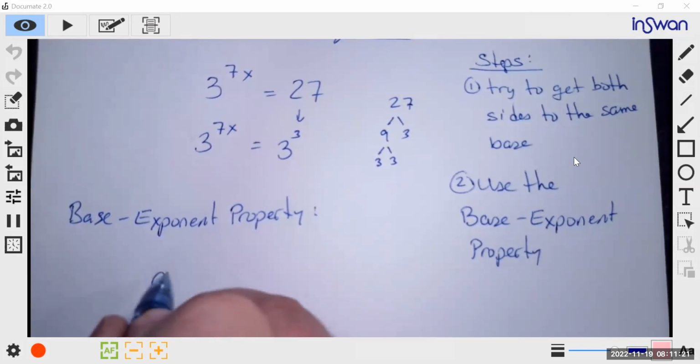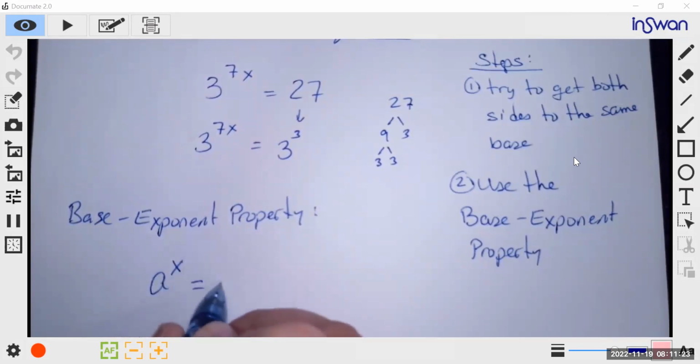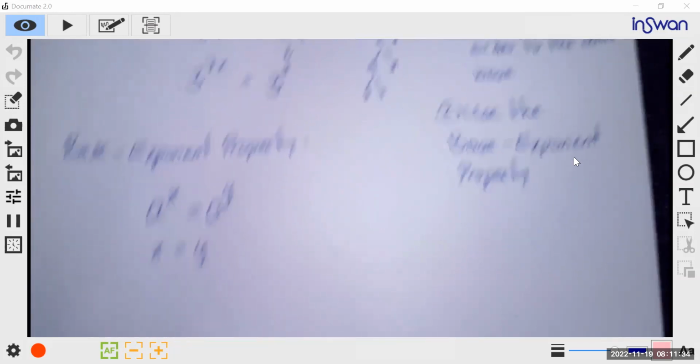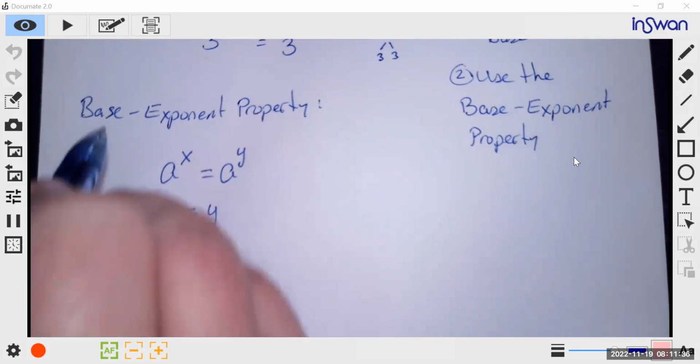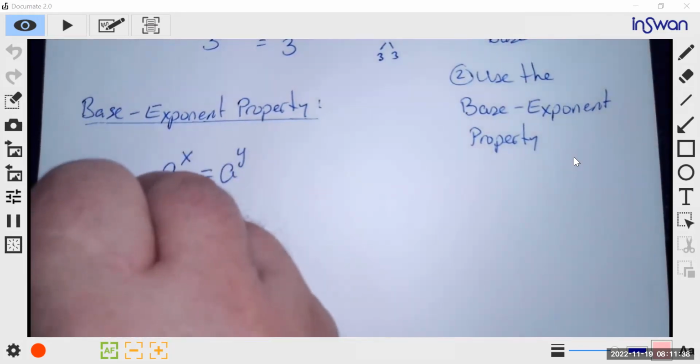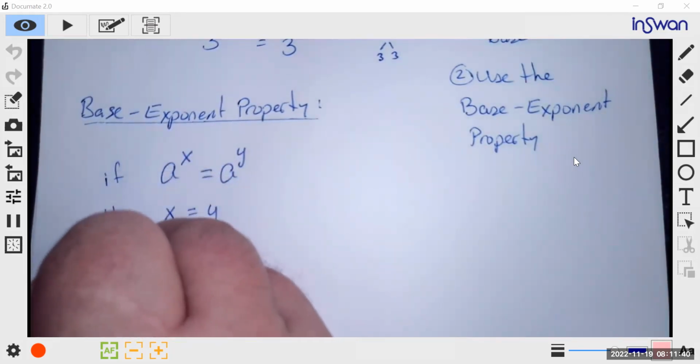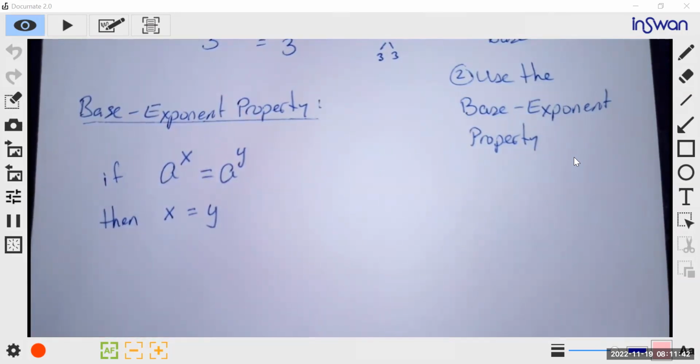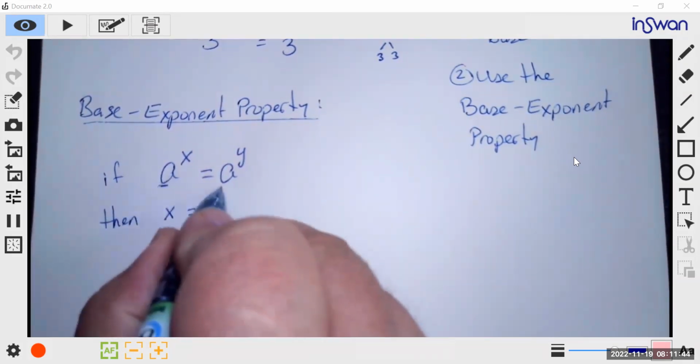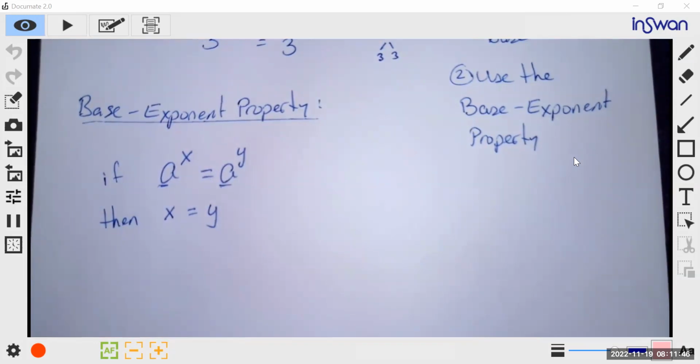If you have 2 exponential numbers and their bases are the same, the only way that can be is the exponents are equal. If that, then that. If you have the same bases, then the exponents have to be equal.